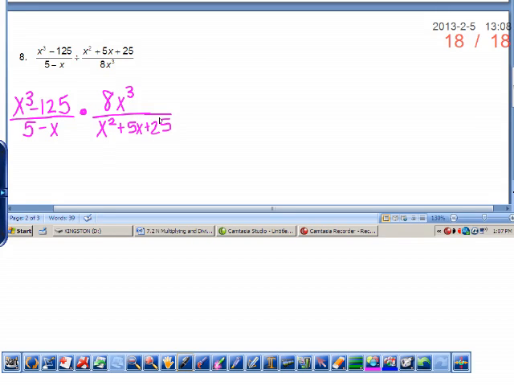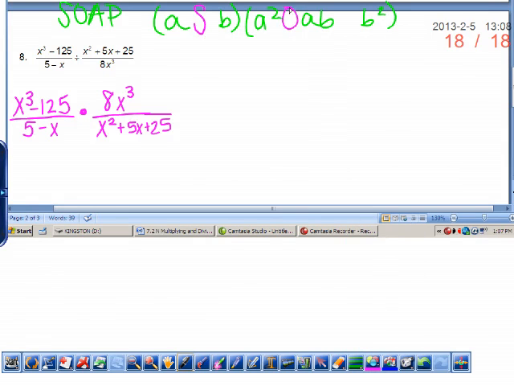How does x cubed minus 125 factor? Difference of cubes. Good. Remember, difference of cubes is SOAP. You'll always have A minus B, and then A squared, AB, and B squared. What does the SOAP stand for?